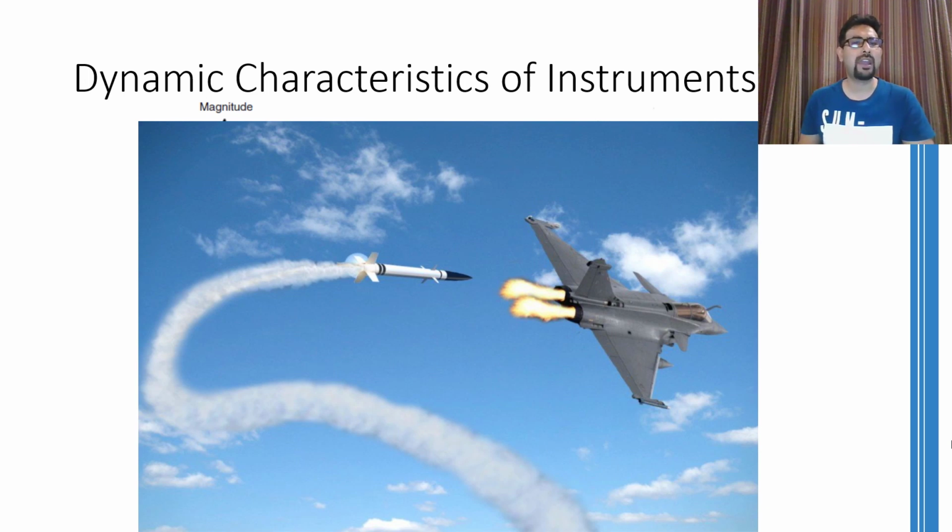As soon as the pilot applies input to change the direction, the fighter jet abruptly moves towards the new steady state value or the new direction. Because of the abrupt change, the fighter jet is going to go beyond the final steady state value, then come back and go below the steady state value, and keep on oscillating about the new steady state value for some time before coming to rest.